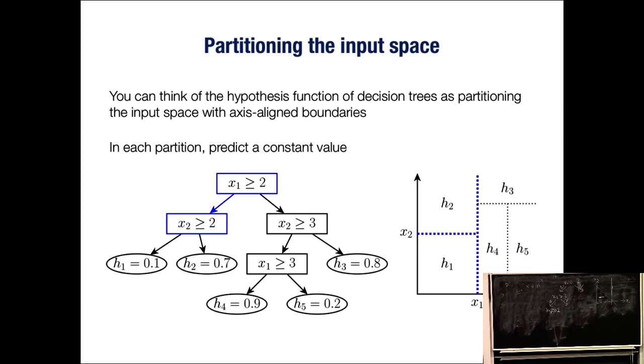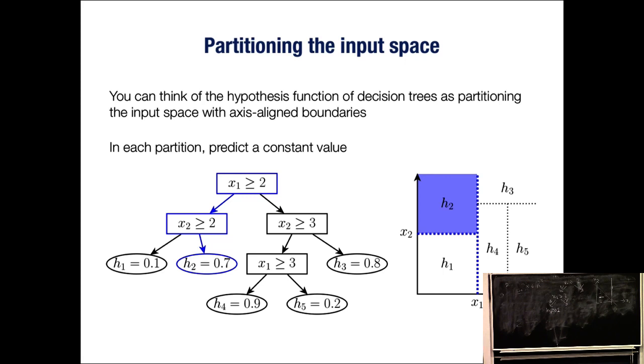And notice that this slice only spans across the area that was already partitioned by its parent node, right? So we don't cut across the whole space here. You just cut across the portion of the space that you're already in. But this partitions the x2 variable to being greater than or less than 2. And then you finally reach a leaf in the tree, which corresponds to one of these whole regions of space that has been partitioned by this decision tree.